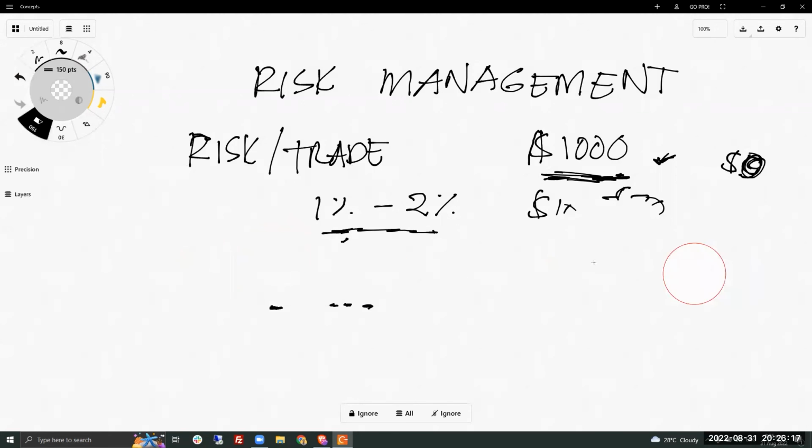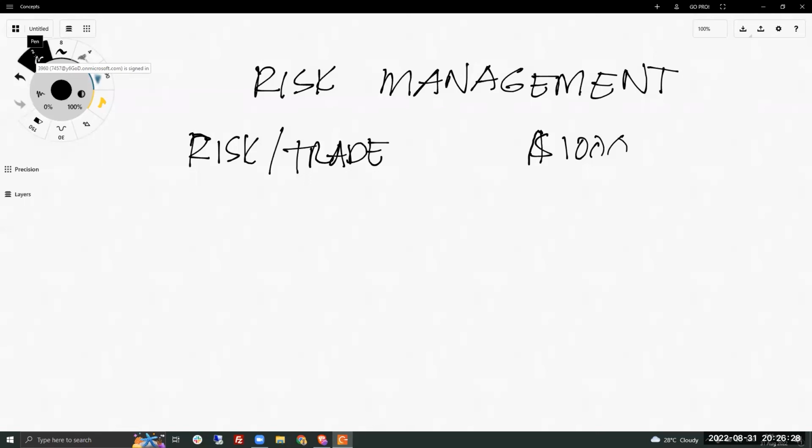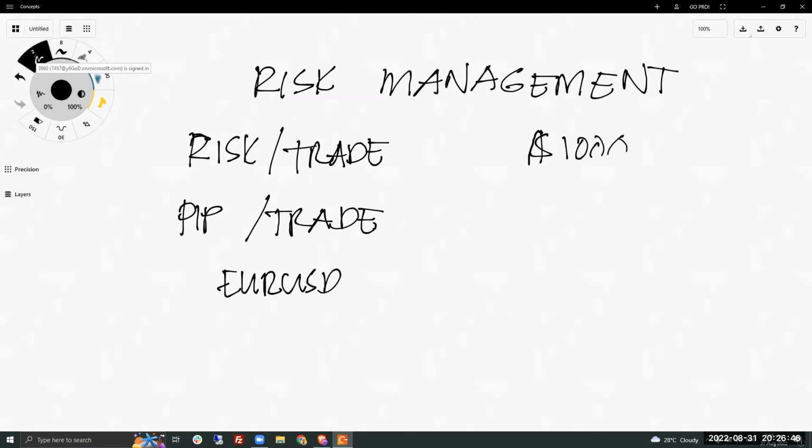And the second thing that we have to discuss is how many pips are you willing to lose per trade? So let's say Euro USD, right, which has a price of 1.0012, and you opened a buy position. You open a buy position at this price.